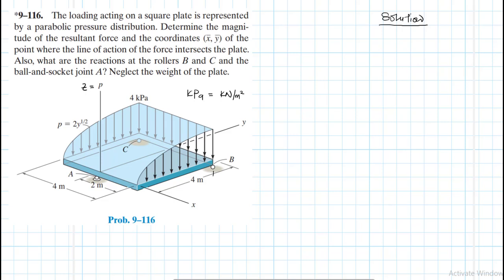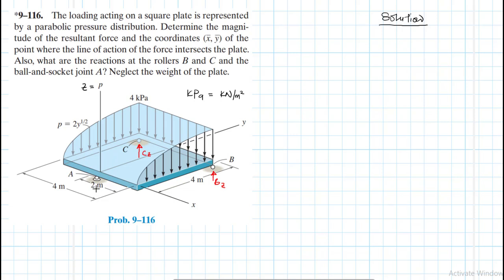The reaction force at B, this is the roller, we only expect one force in the vertical direction, so let's call it BZ. The reaction at C, we also just expect one vertical force like that, let's call it CZ.